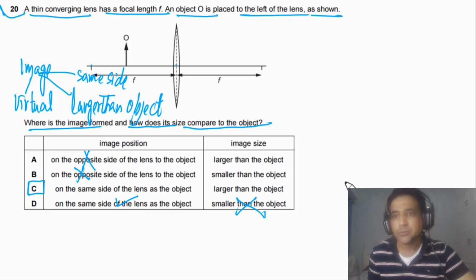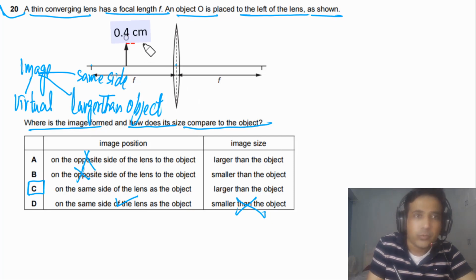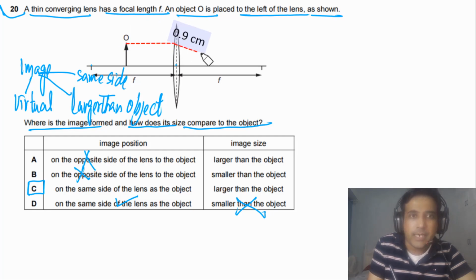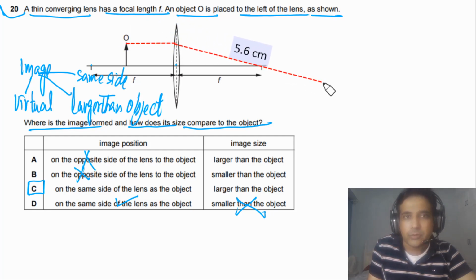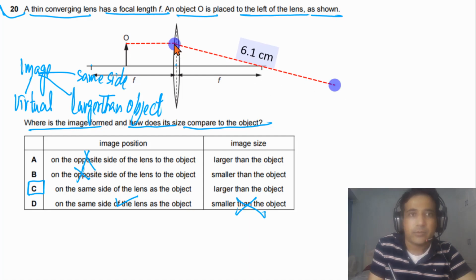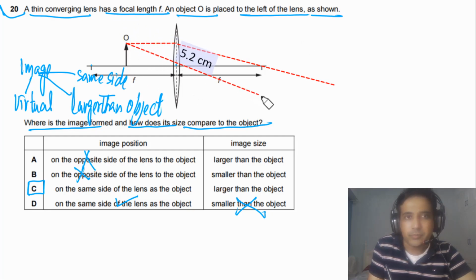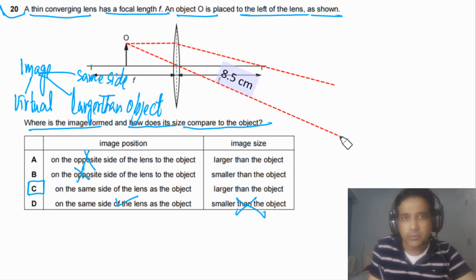But we can also verify this with a ray diagram. We can draw this ray, and extend it to the focal length, so it has to pass through the focal length. We can also draw another ray that is passing through the center of the lens.